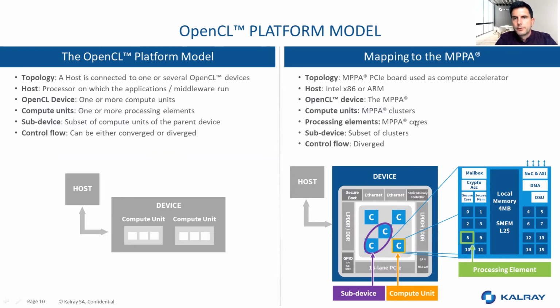The processing elements will be the cores of the MPPA, and it is possible to partition the MPPA into subdevices, which will be made of a subset of the clusters of the full MPPA. In the case of the MPPA, the control flow is diverged, meaning that each processor executes its own control flow, its own program. So they can really execute different programs.